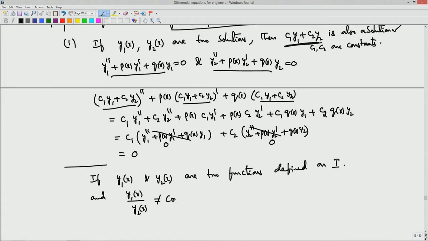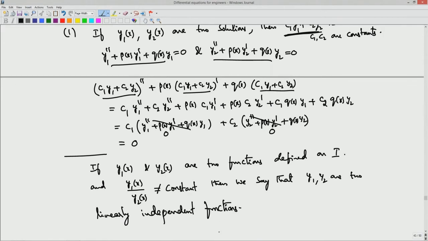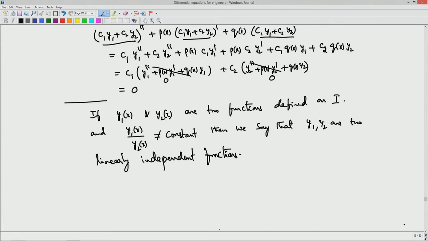If this is not equal to a constant, then we say that y1 and y2 are two linearly independent functions. So that means two functions are linearly dependent if y1 by y2 is equal to a constant. That means one is a constant multiple of the other.